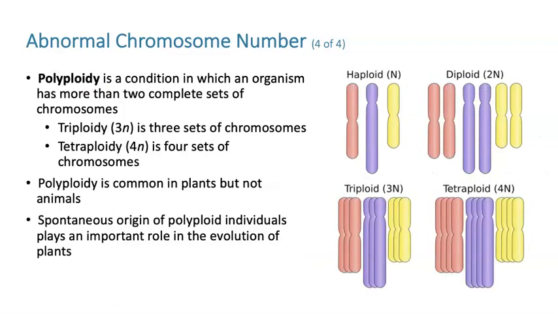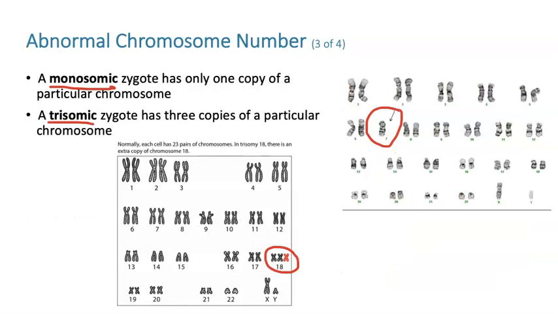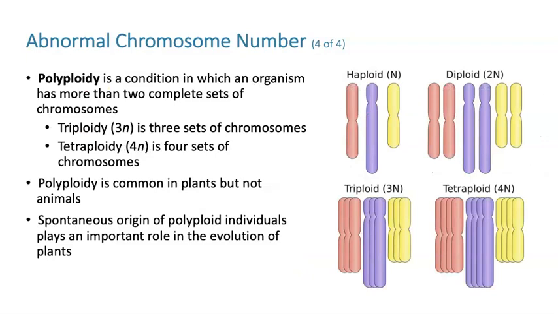We'll talk more about that later, but I did want to introduce now the concept of polyploidy. Polyploidy is a condition where an organism has 2 or more complete sets of chromosomes. Unlike monosomy or trisomy, polyploidy involves a complete set.